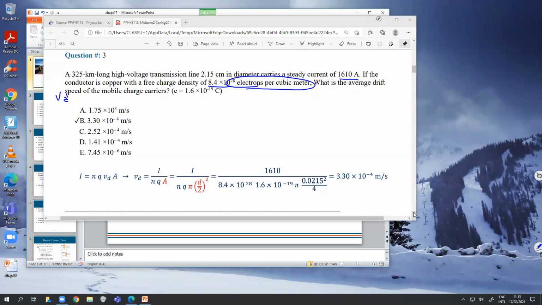Equations will be given in the formula sheet, yes, but it doesn't mean you just don't study at all. If you don't study at all, you don't know what equation to use for what question. You should learn the concept.